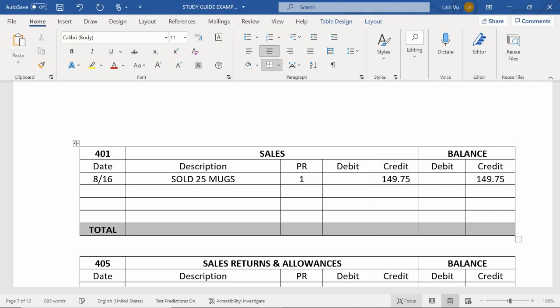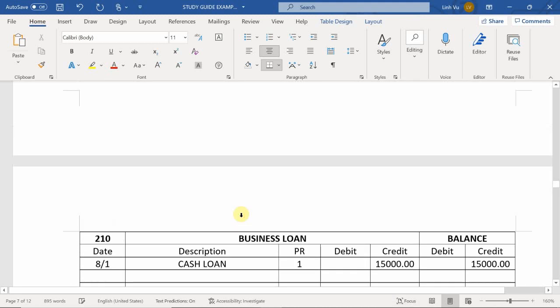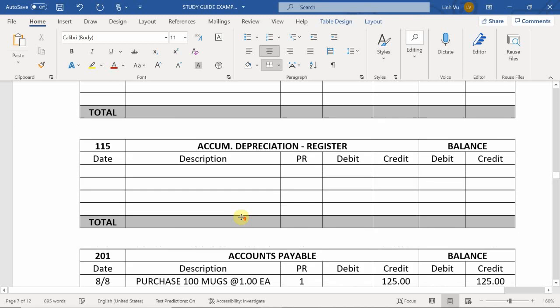Now we're going to the, oh, sorry, we didn't write the cash. No, we didn't write the cash. So let's go to the cash.